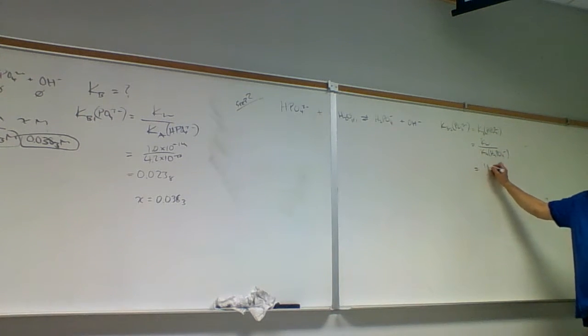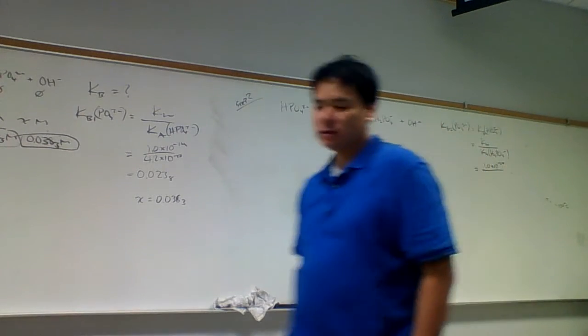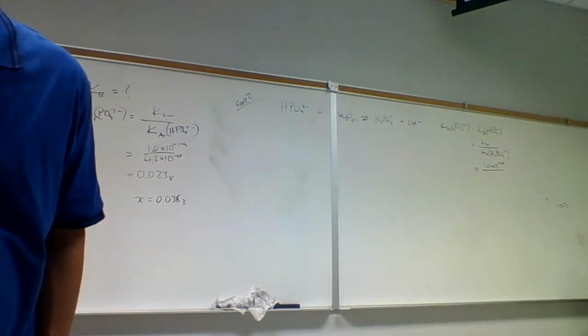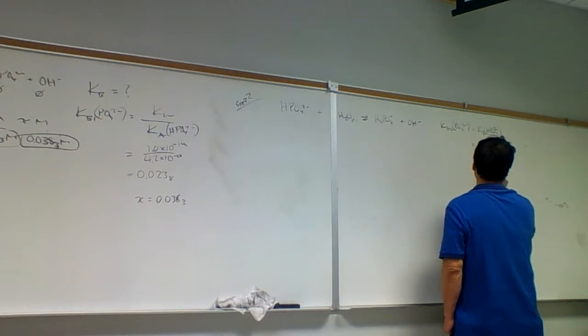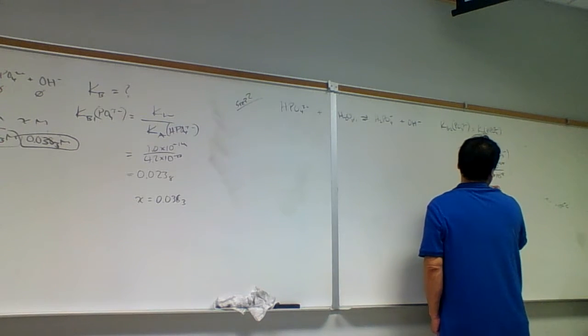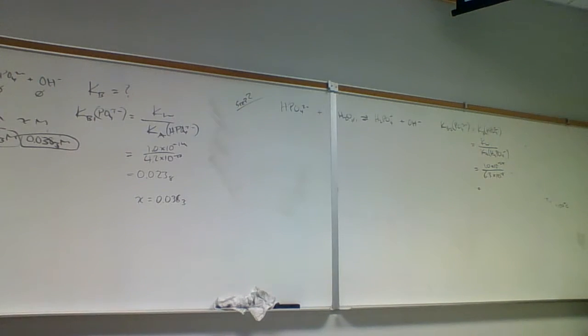Okay, so we look up the Ka value for dihydrogen phosphate. So we've got 1.0 times 10 to the minus 14 divided by the Ka value for this. The Ka for dihydrogen phosphate is 6.3 times 10 to the minus 8. Then I do the calculation to see what it comes out to.